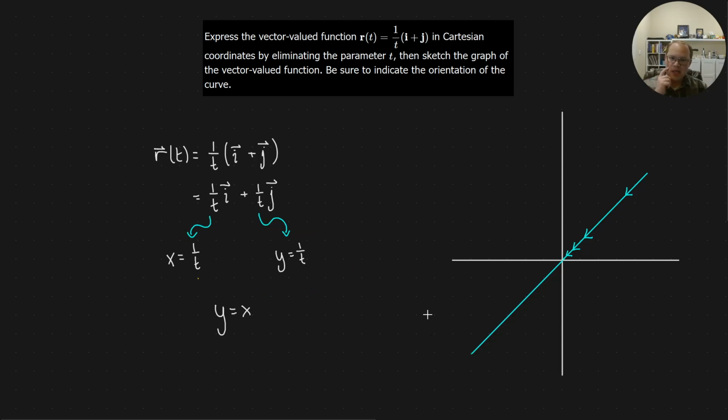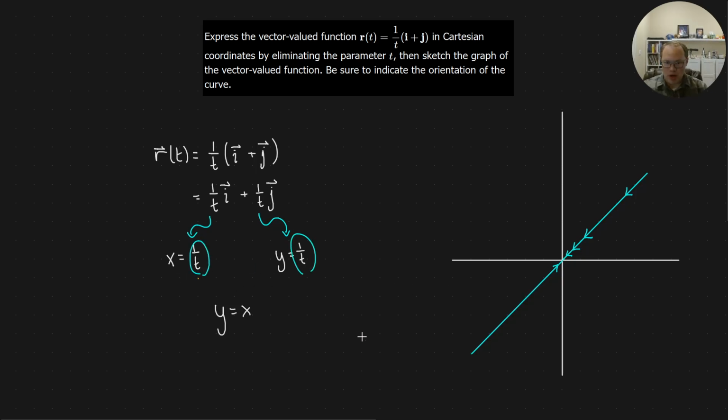Well, what happens if I plug in negative values of t? I get pretty much the same thing happening, but I'm getting negatives, right? So if I have a big negative number for t, then I have small negative fractions, right? Big number, small fraction, so that means something close to 0. As t's get bigger, I'm getting close to 0. So I'm going that direction.